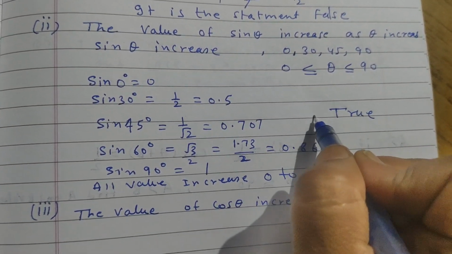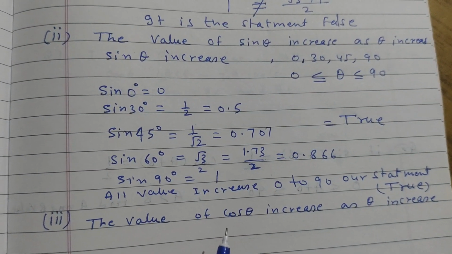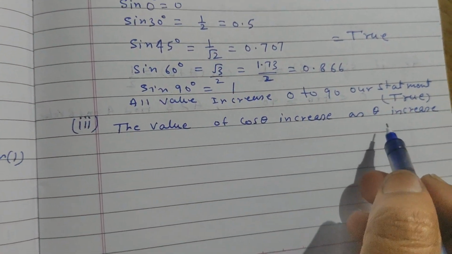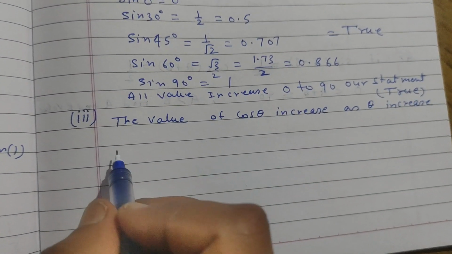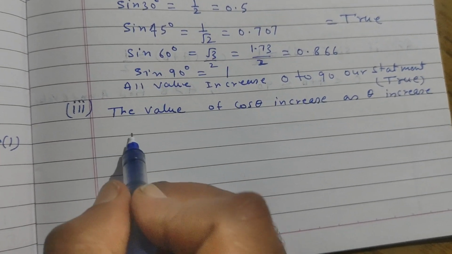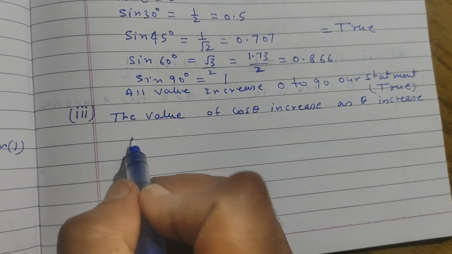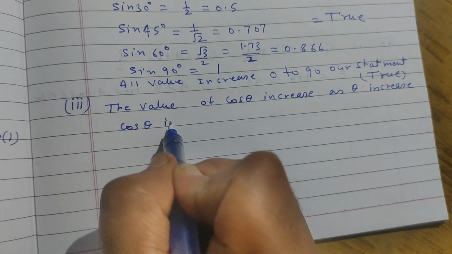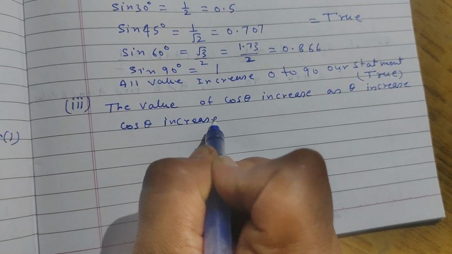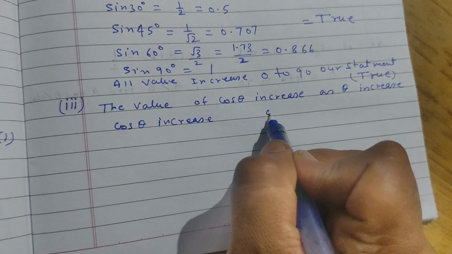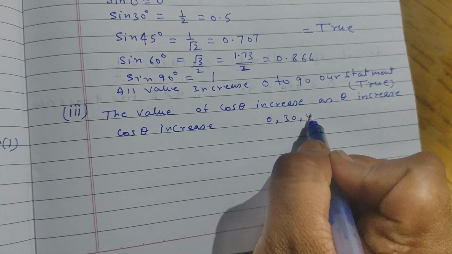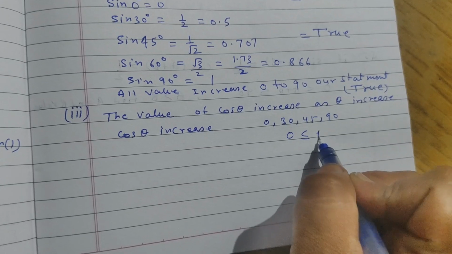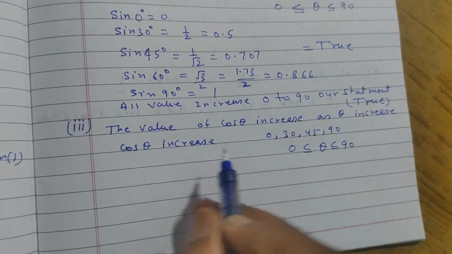Question number 3: the value of cos theta increases as theta increases. Here cos theta increases, so we check 0, 30, 45, 60 and 90, which is theta from 0 to 90.